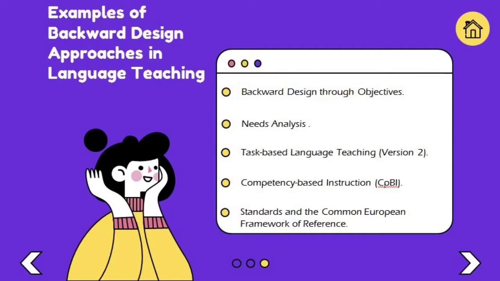The characteristics of CBI are described by Schenck, 1978. Competency-based education has much in common with approaches to learning such as performance-based instruction and mastery learning.